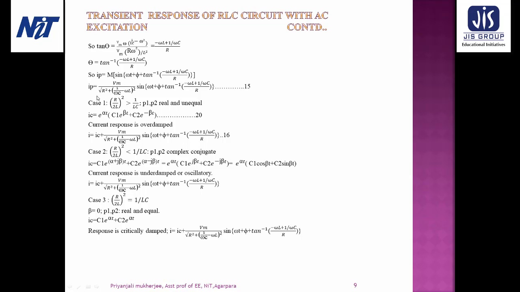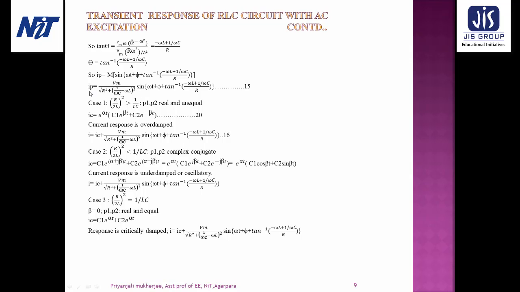Actually m is root over of R² plus (1/ωC minus ωL)², into sine of this term, and because m is the magnitude, m becomes root over of m² cos² θ plus m² sin² θ, that's why the root over is coming.